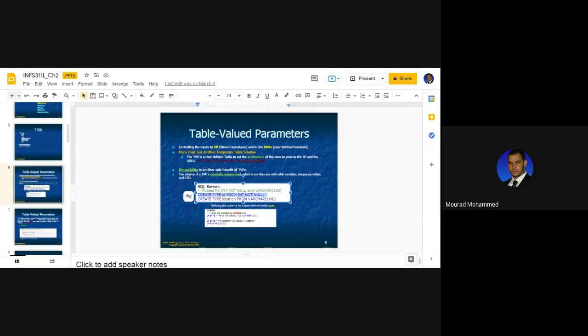We are defining a type, create a type, giving it a name, which is ID here in this example. This is a user-defined name, remember, from whatever data type you want. Here we said int, and it is not null.